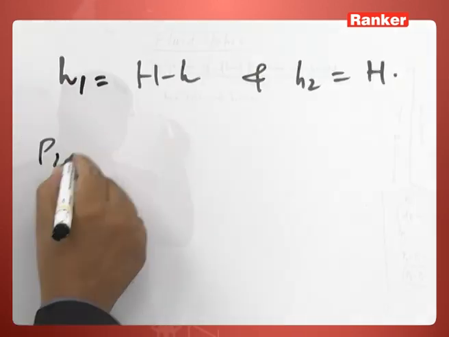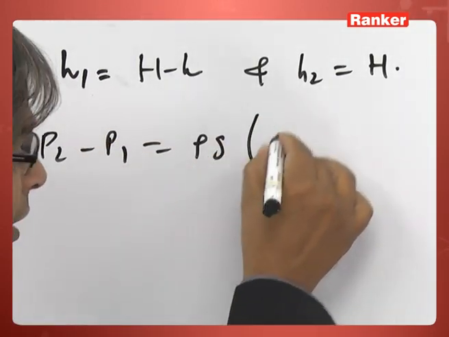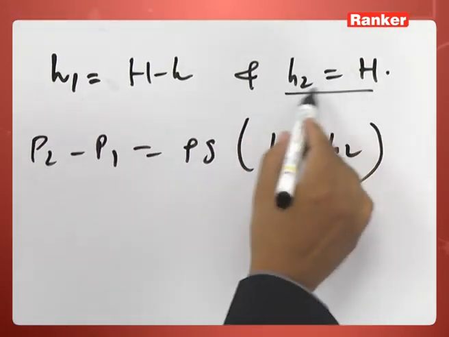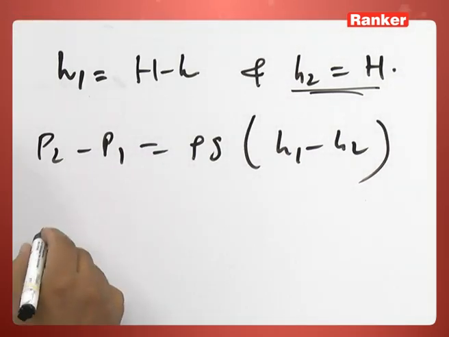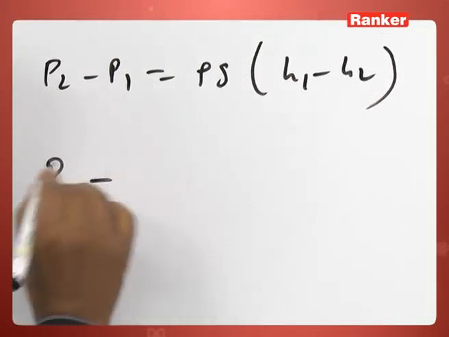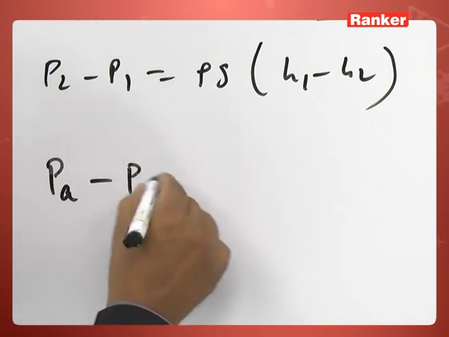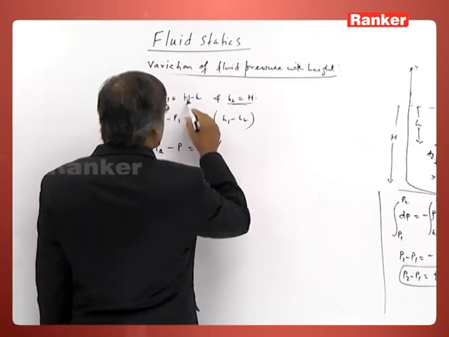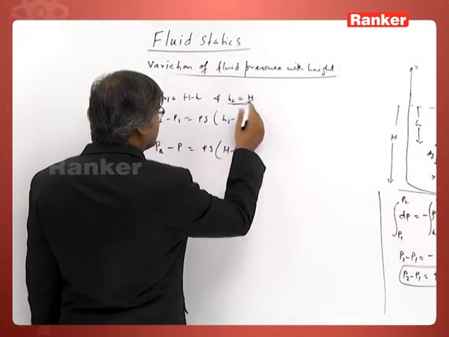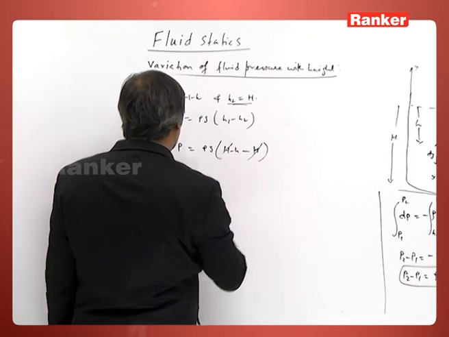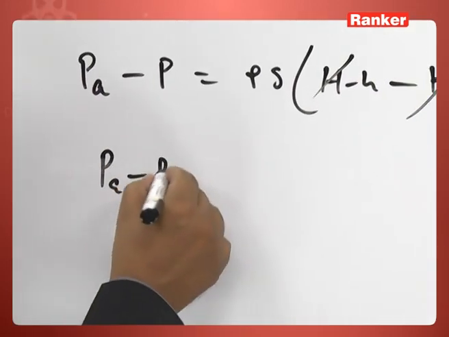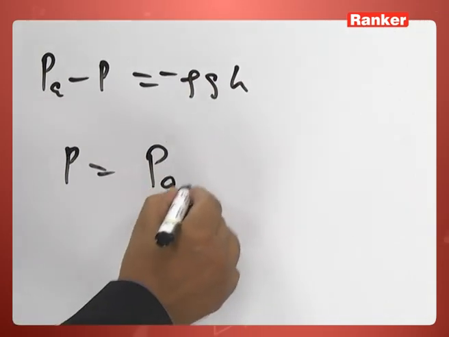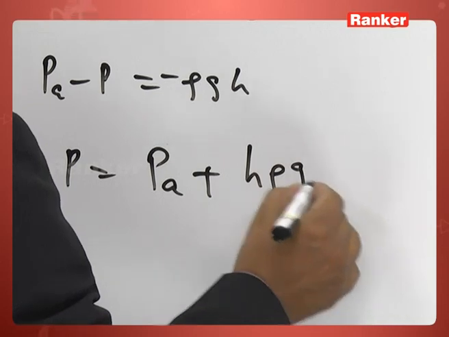So, we have P2 minus P1 equal to rho g into H1 minus H2. The pressure P2 at H2, that is at the top, suppose I say P2 is atmospheric pressure Pa. So, P1 is P, and H1 minus H2 is H minus h minus H, which is minus h. Thus Pa minus P is minus rho g h. So, P is equal to Pa plus h rho g.